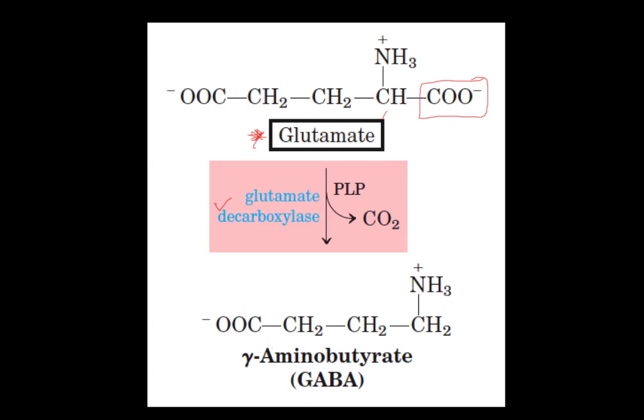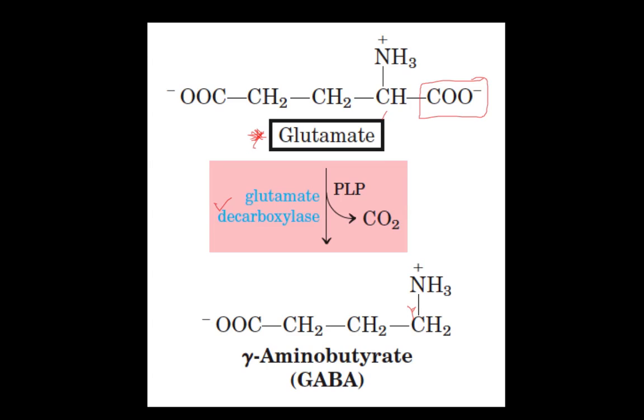And we call it gamma aminobutyrate because it has 1, 2, 3, 4 carbons. The amino part is this group here, the NH3+, and it's gamma because the carbon that the amino group is attached to is the gamma carbon.